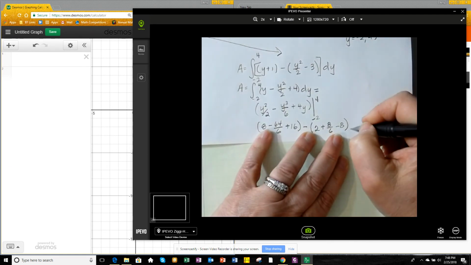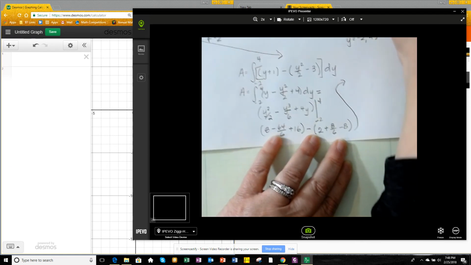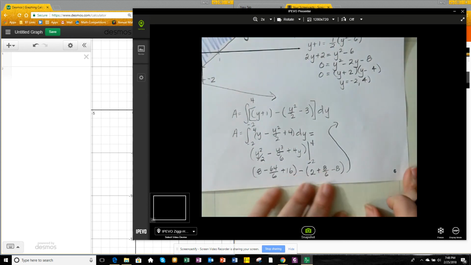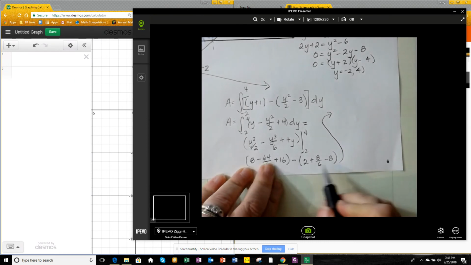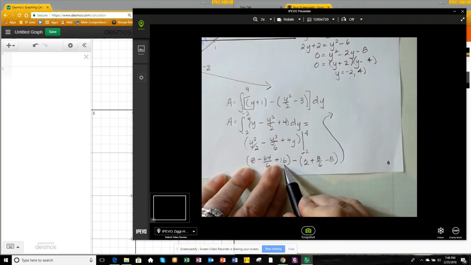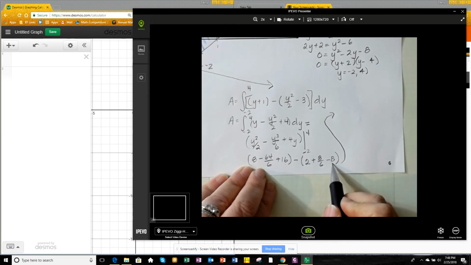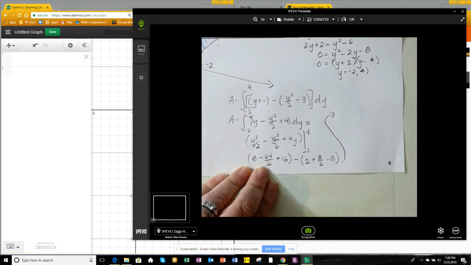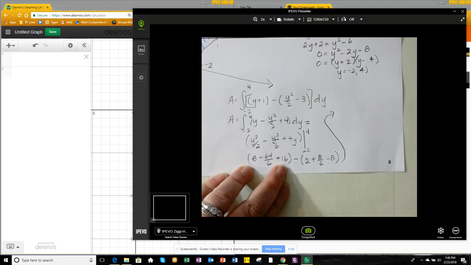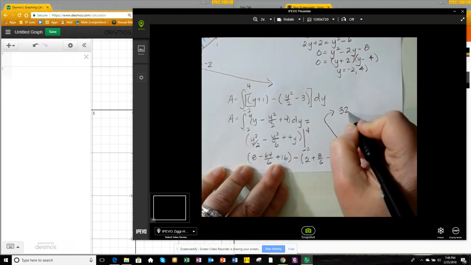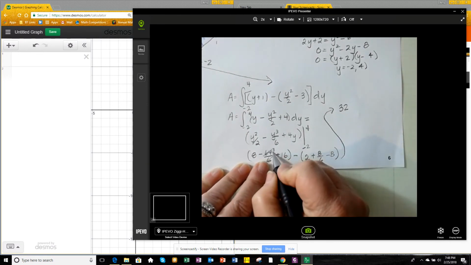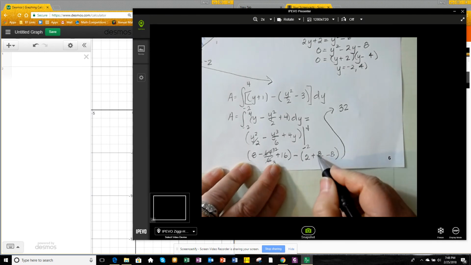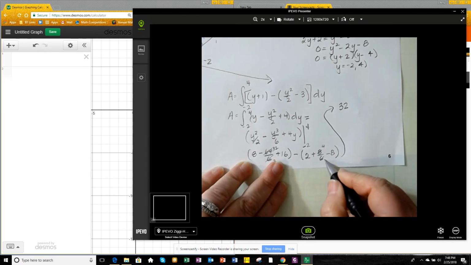All right, and since I'm running out of space, I'm going to run up here. Okay, and so when we add all of that up, because this is a minus 8, this is going to be 16 plus 16 is 32. So it's going to be 32, and let's see, I'm going to reduce this. 2 goes into 32 sixteen times, 2 goes into 64 thirty-two times, and 2 goes into 8 four times, 2 goes into 6 three times.